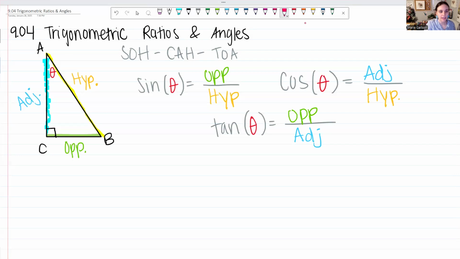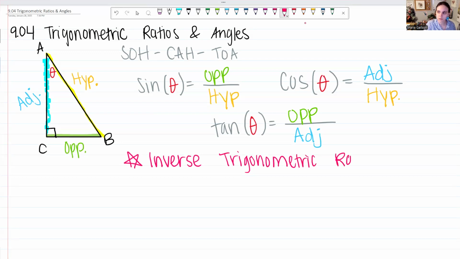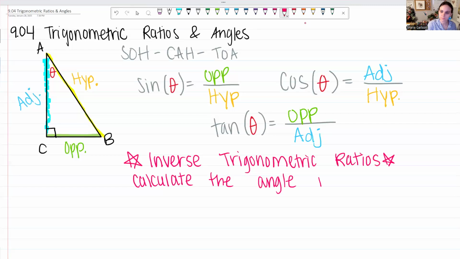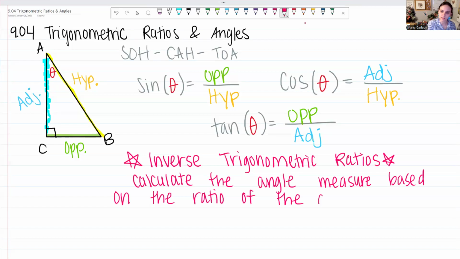So how do we find this angle theta? We use inverse trigonometric ratios to calculate the angle measure based on the ratio of the given sides.